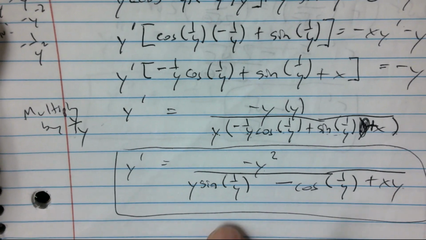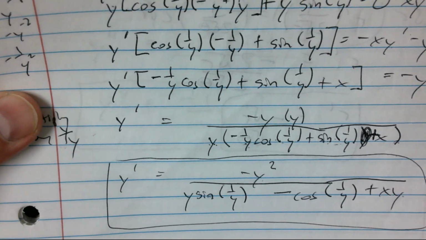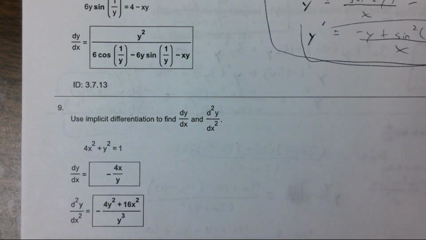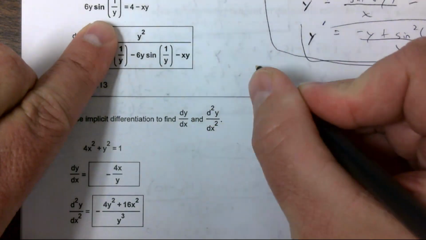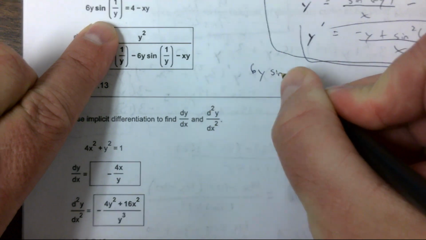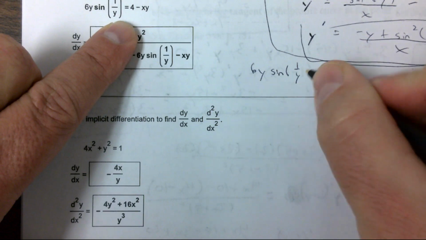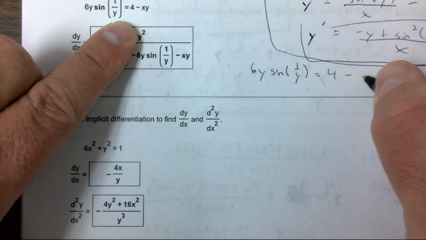Okay, so we'll do the same approach. So we have 6y sine 1 over y equals 4 minus xy.